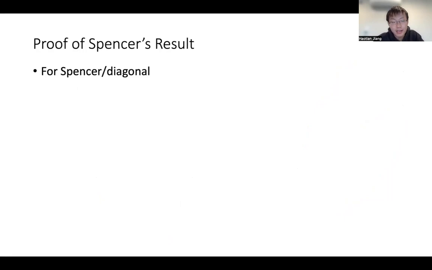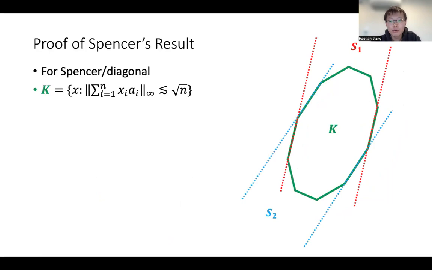For Spencer's setting, or the diagonal case, this discrepancy body K becomes the L infinity norm of the sum of x_i A_i being at most a constant times root n. And this is a polytope with at most 2n constraints. If you look at every coordinate of this L infinity constraint, then K is the intersection of all these different slabs.